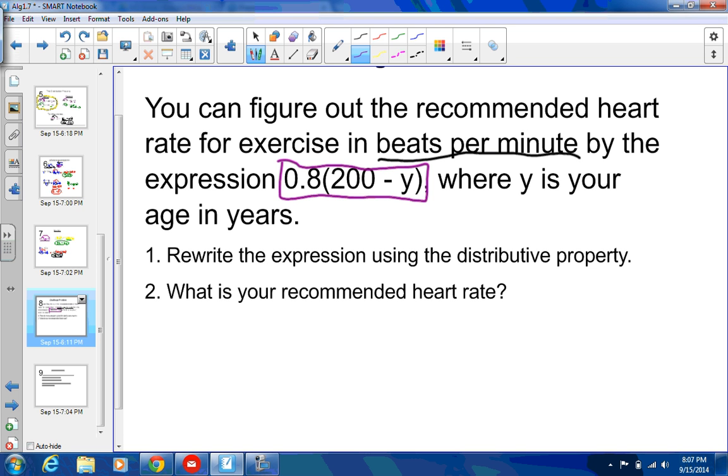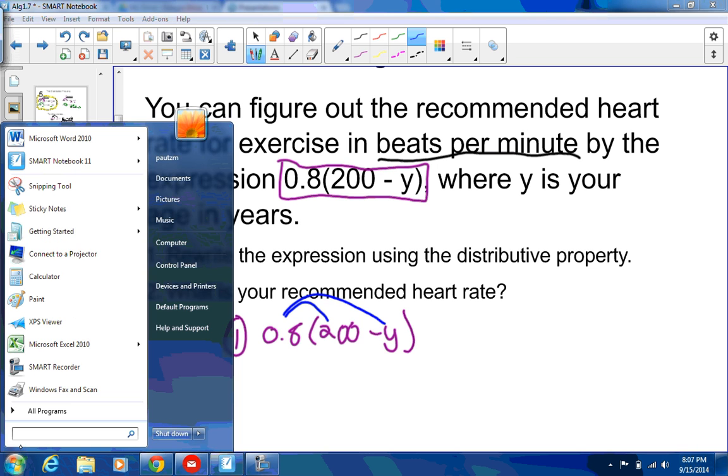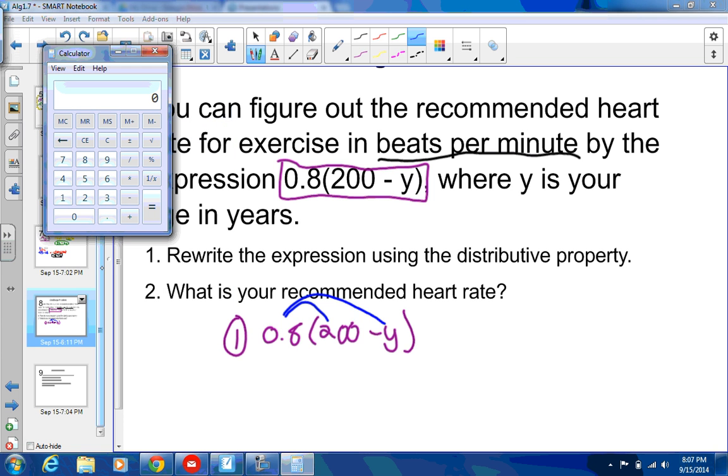So, first of all, number one, rewrite the expression using the distributive property. So we'll rewrite it: 0.8 times 200 minus y. Let's distribute it. First things first, distribute to the first one and then to the second one. If you need to use your calculator, go ahead and grab it. 0.8 times 200. I'm going to use my own calculator to check this one to make sure I'm right. I believe it's 160.